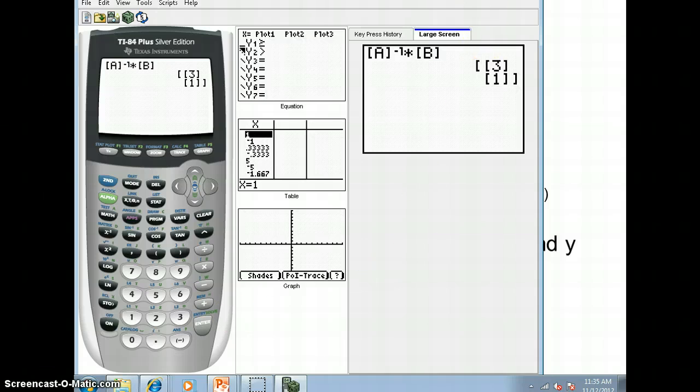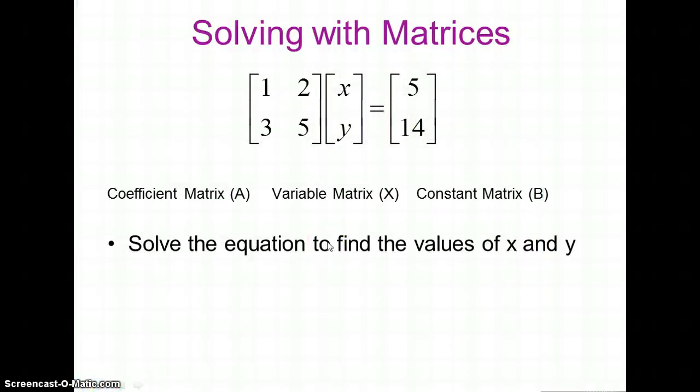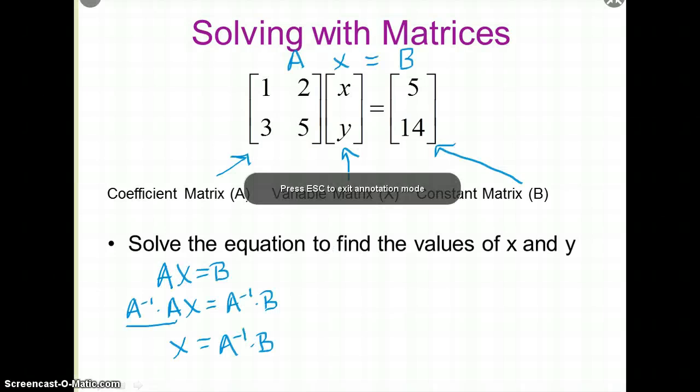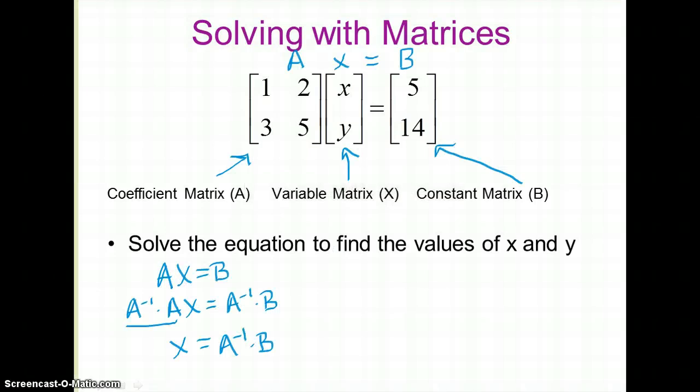So now if I head back to my notes here, I was solving this matrix, so I came up with the solution that X is equal to the matrix 3, 1. However, as we talked about previously in Chapter 3, this is a method for solving this system. The solution to this system is actually an ordered pair.